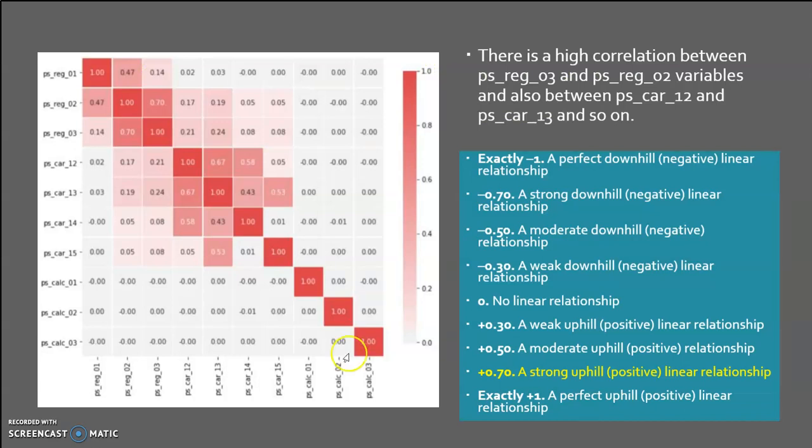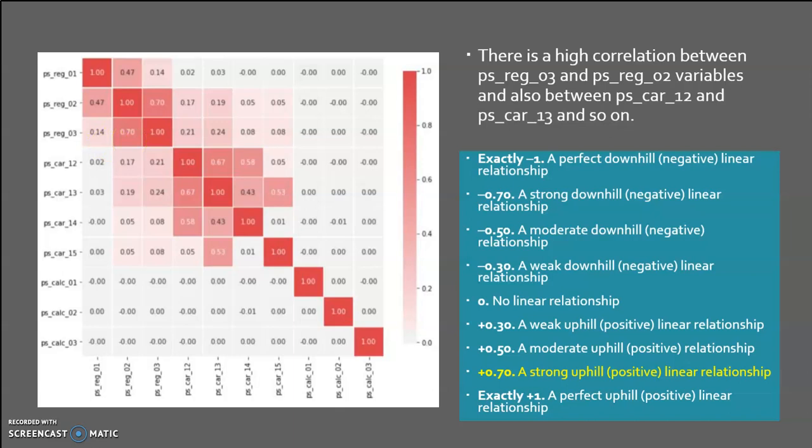Okay, so this is a correlation table, a correlation matrix. So if you take a look here, there is a high correlation between PS_reg03 and PS_reg02, 0.7.